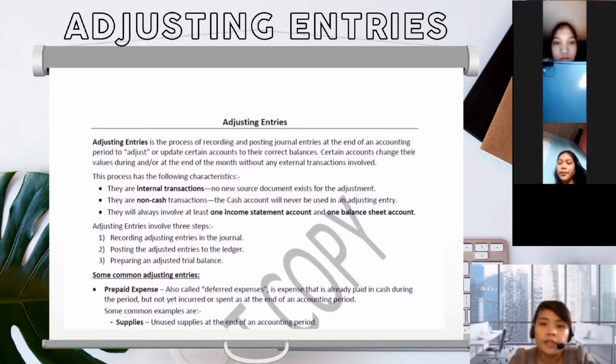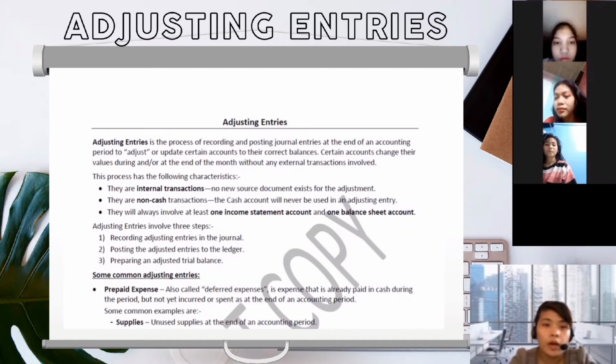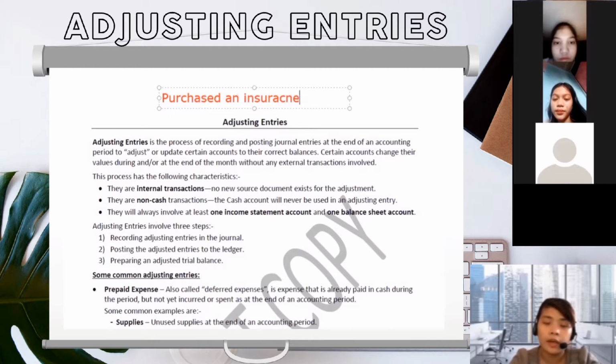All right. So for adjusting entries, class, for example, you purchase an insurance for 1 year, worth 12,000 pesos.